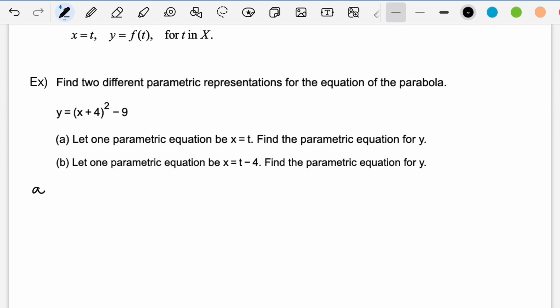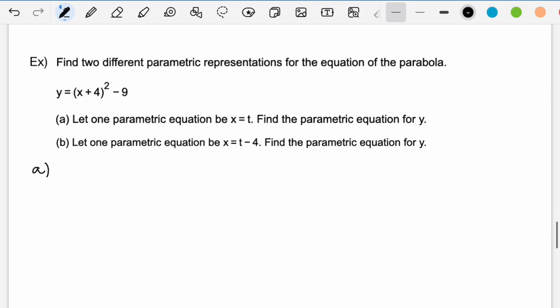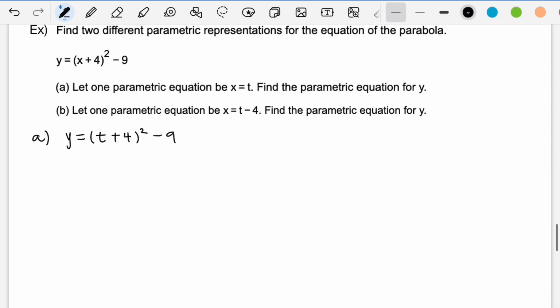So for part A here, we want to let one parametric equation be x is equal to t. For this one, it is just as simple as plugging in t for x into our equation. So we have y is equal to (x + 4) squared minus 9, but we're saying x is equal to t, so we just plug in a t there. And that's it for part A. Pretty simple. For part B, we want to let one of the parametric equations be x is equal to t minus 4.